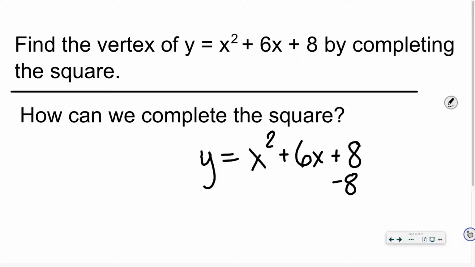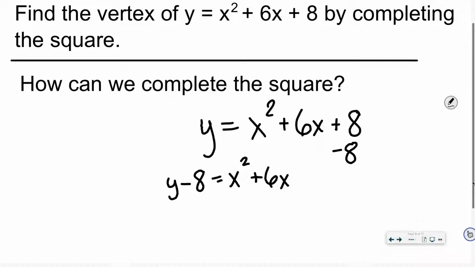So what will the left side of my equation become? Y minus 8. There's a y there. Right, don't forget this. There's a y there because this is a function right now. Y minus 8, good, equals x squared plus 6x. Good.